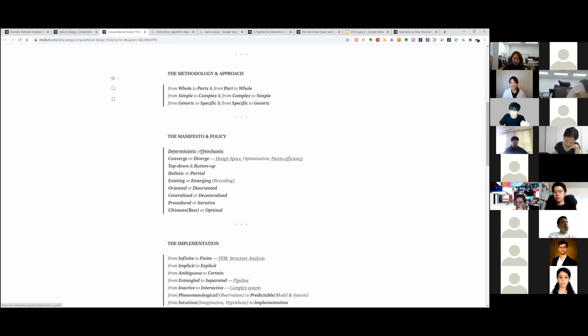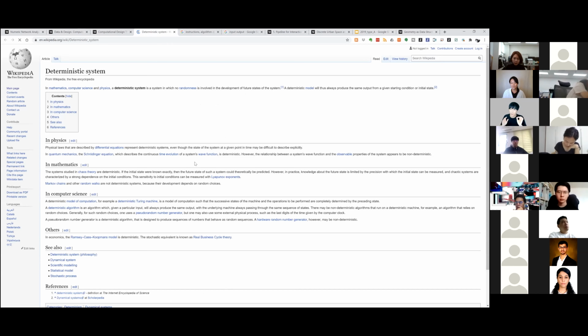Deterministic or stochastic stuff. So deterministic computation is, in easy words, every time you execute the function, it guarantees exactly the same result. There's no randomness involved in that process. I think this is an easy concept. Okay.